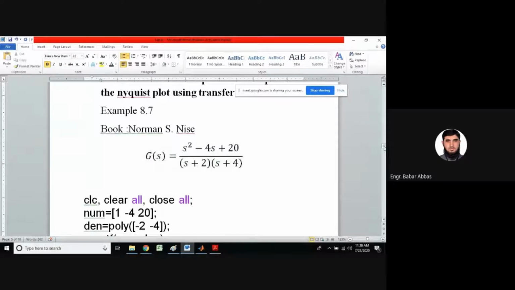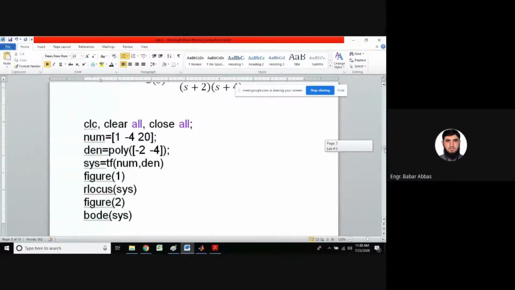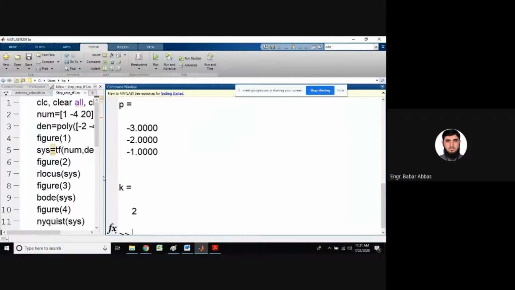So let me copy. We have the program in MATLAB. I will use the editor window.